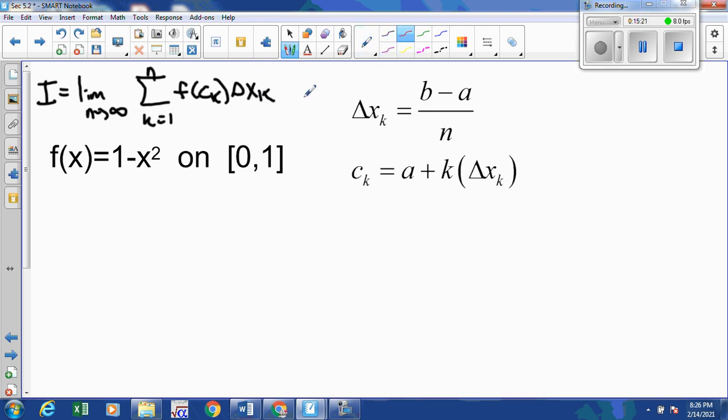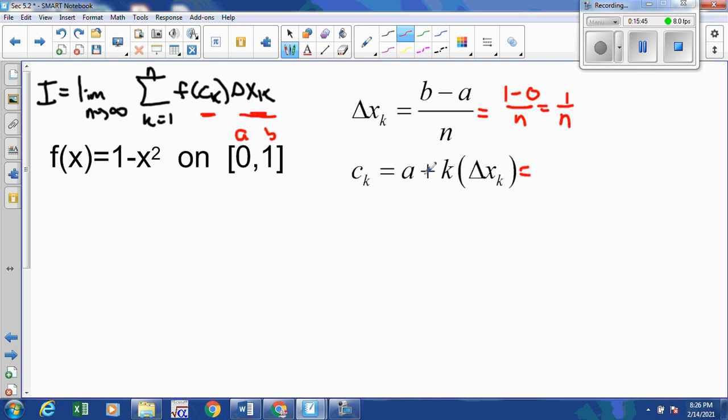So you can see the things that we need: we have our f of x, we need our c sub k, and we need our delta xk. First off, our delta xk is going to be b minus a over n. And remember, this is our a, this is our b. So that is going to be 1 minus 0 over n. That's 1 over n. We're leaving n in our equations.